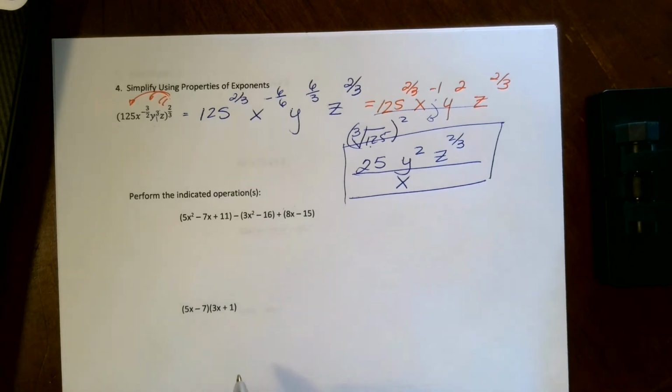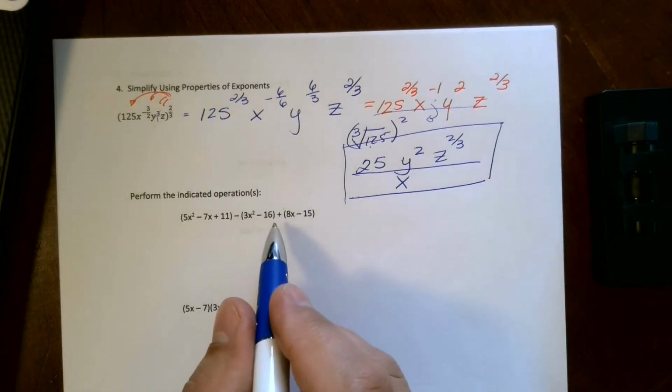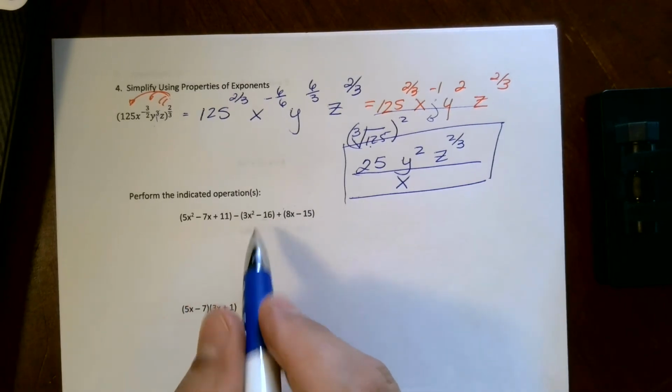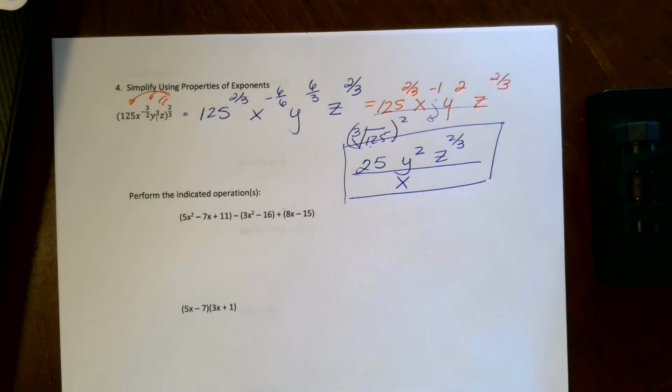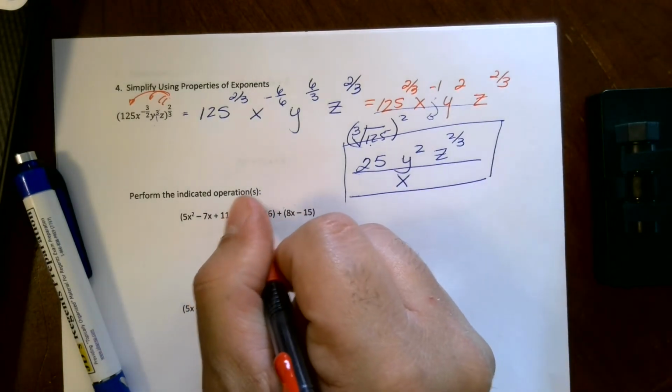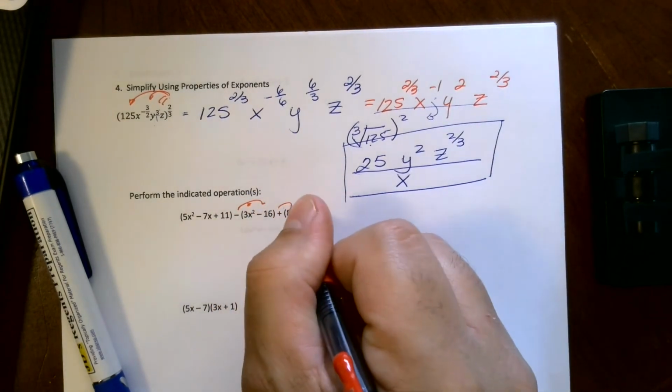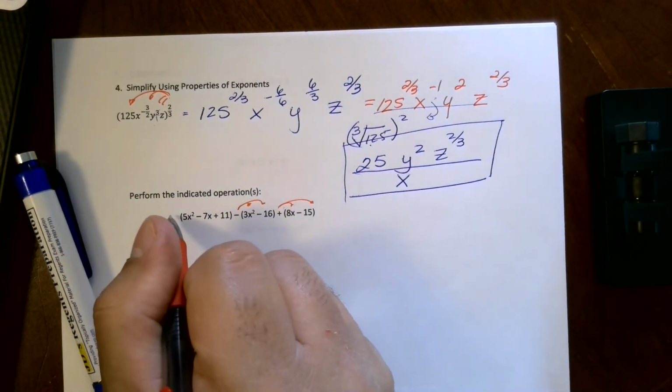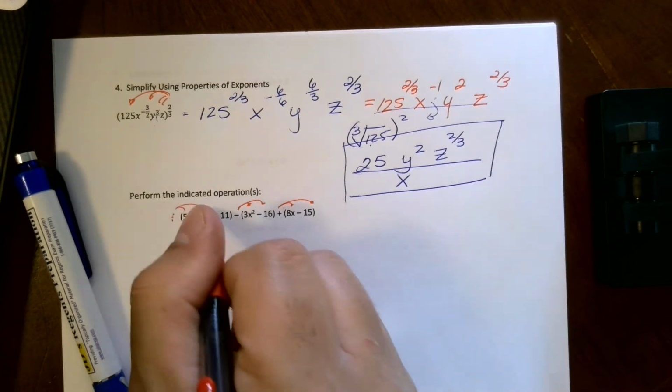In this next example, it looks like we're just adding and subtracting polynomials here. So we want to take what's outside of the parentheses and distribute it to all the terms inside the parentheses. We could even say there's a 1 here.